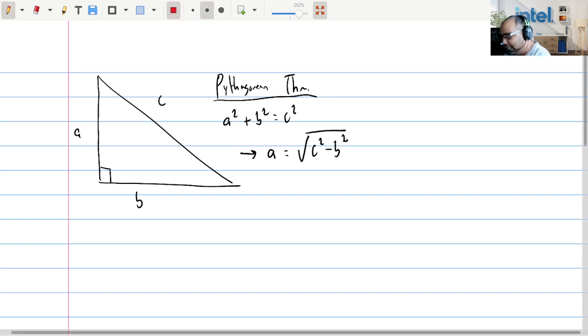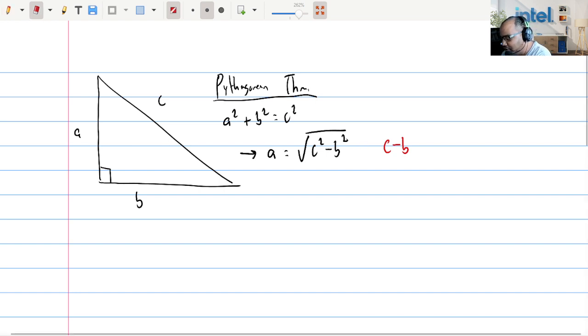But take note that this is not the same as c minus b. Square roots don't work like this. You have to evaluate the stuff on the inside first. So c squared minus b squared, get that number, take the square root, and then you're done. If all you have are variables, you can't simplify this, so you may as well just leave it like that. Just another quick note.